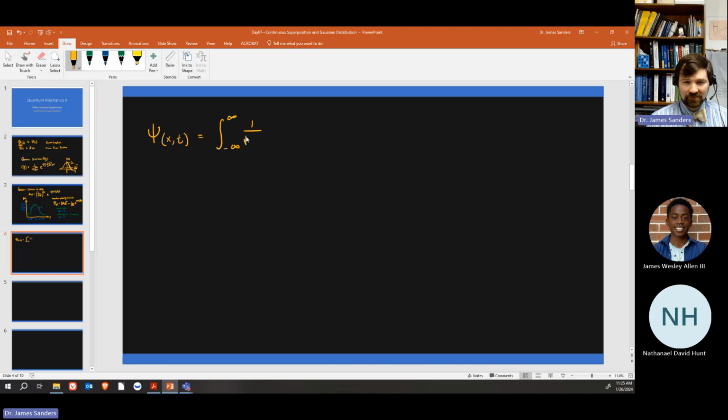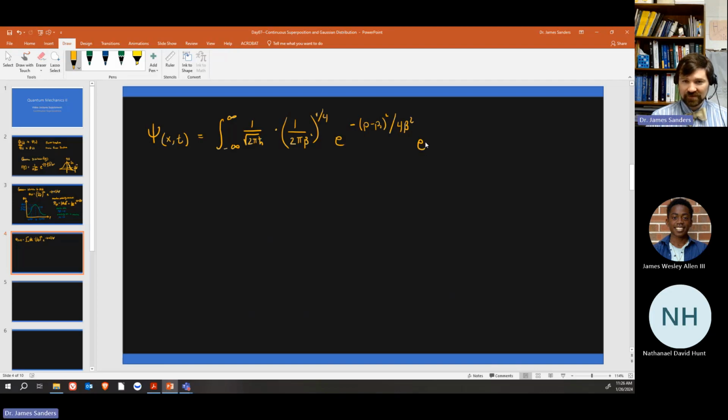We have 1 over root 2 pi h bar times 1 over 2 pi beta squared to the quarter, e to the negative p minus p naught squared over 4 beta squared.